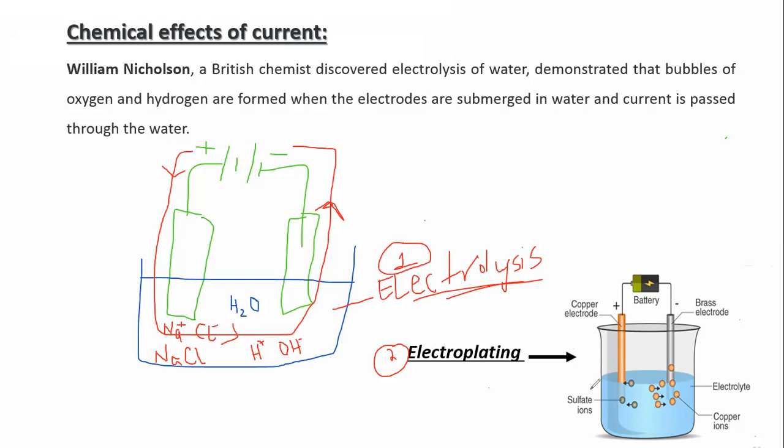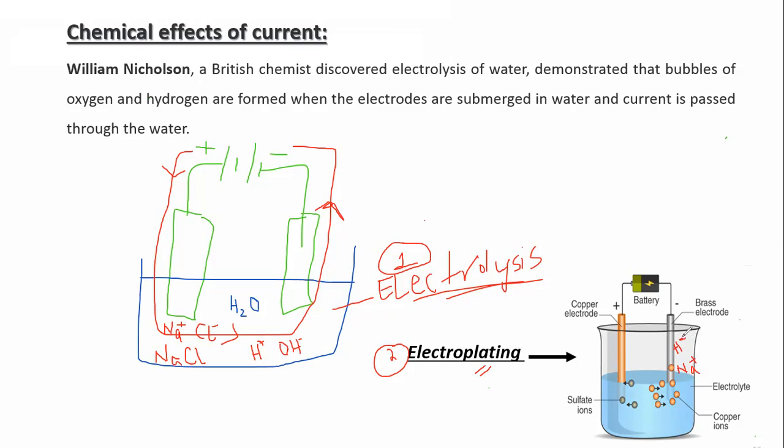So, what is electroplating? As the term indicates, it serves the purpose of plating. You have a positive electrode and a negative electrode. The positively charged particles, that is H positive in case of water solution or Na positive in case of NaCl solution, will go and attach to the negative electrode.